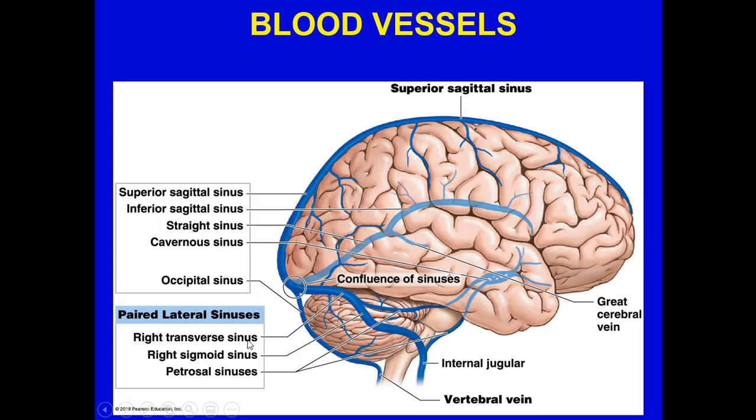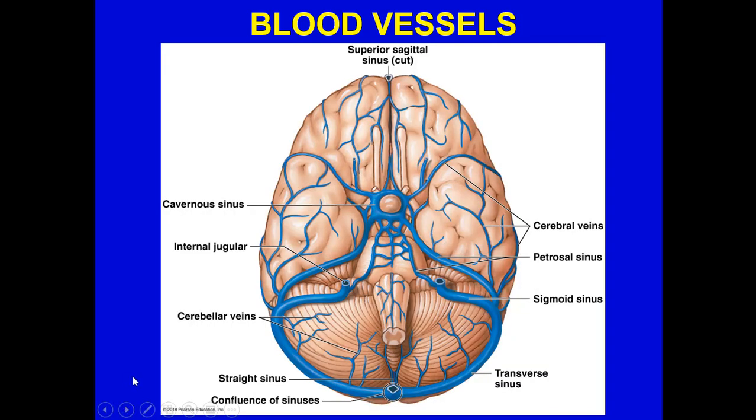Then you have the right transverse sinus here coming across, the right sigmoid sinus here, and the petrosal sinuses, which are here and here, emptying into the internal jugular, and this one, the occipital sinus, empties into the vertebral vein. Okay.